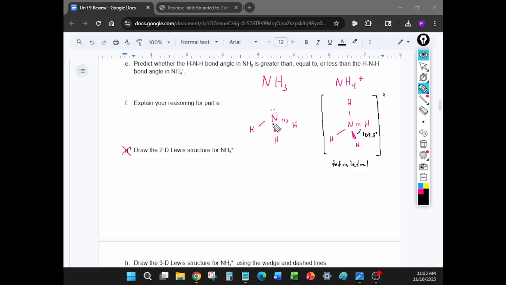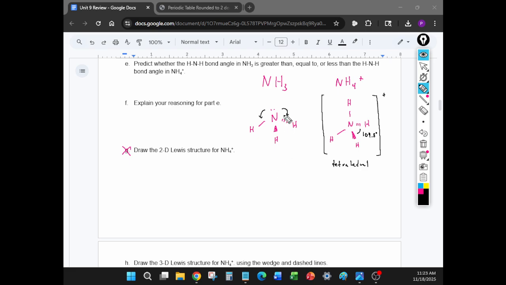But this one right here, if you look at NH3, you see how there are lone pairs, right? Now, if you remember, electrons are the most negative thing you can have, right? So these are super negative. And so what they do is they start to repel the electrons in these covalent bonds.